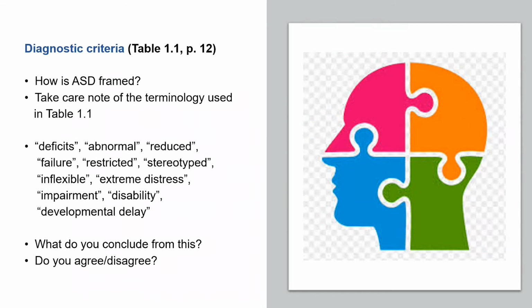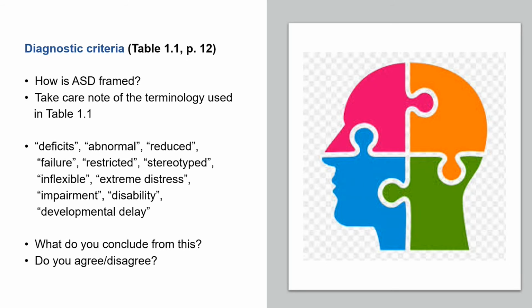So in the next section of the study material, we focus on the diagnostic criteria. You'll see on page 12, we have table 1.1 that looks at the different terminology that is used to frame or to describe or define autism spectrum disorder.